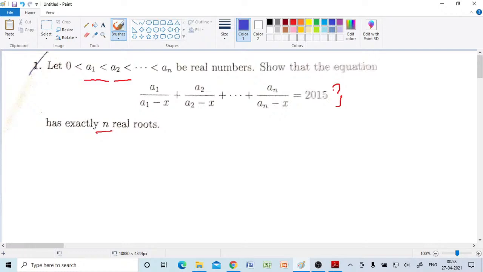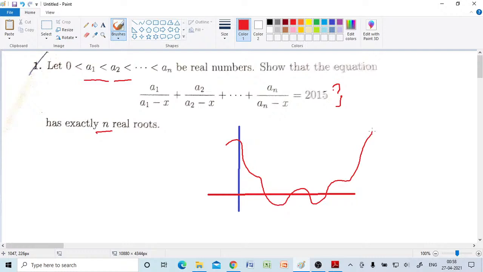If we plot a graph which looks something like this, we call these particular points the real roots of the equation.